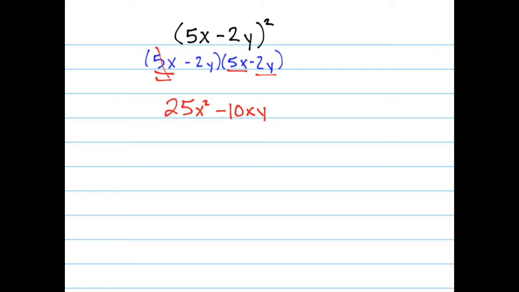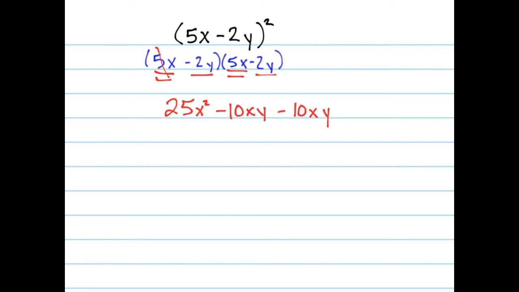That means I got to multiply the negative 2y by each of those. So my inside is negative 2y times 5x. What do I get? Negative 10, let's use xy. It technically doesn't matter because multiplication is commutative, but just to make it easier to recognize like terms, we put them in alphabetical order.